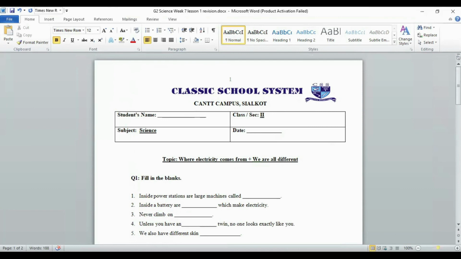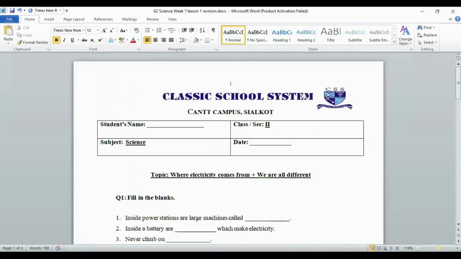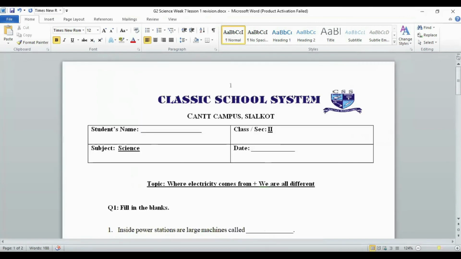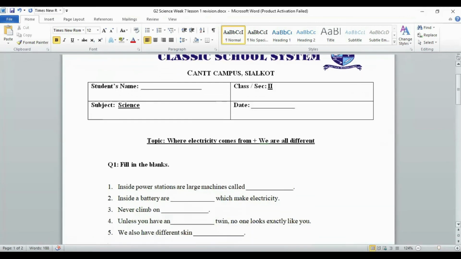So, class, the two chapters that we discussed earlier, where our electricity comes from, plus we are all different. Now we are going to discuss its worksheet. Let me get it straight. Yes. Now, the first question is fill in the blanks. Number one, inside power stations are large machines called dash. Number two, inside a battery are dash which make electricity.